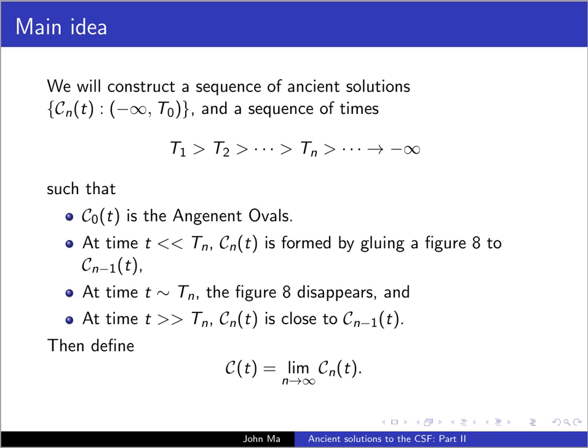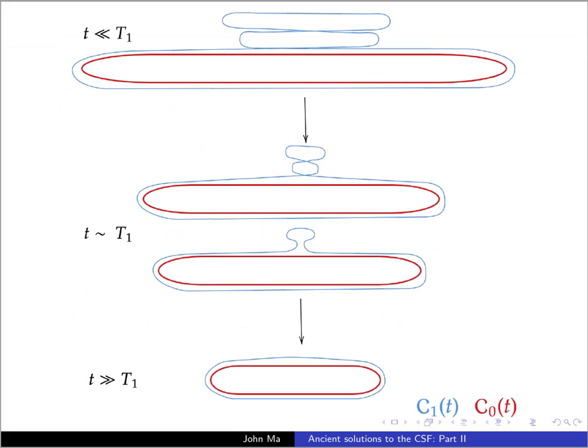So this is a little bit abstract, but let me just show you some pictures, at least of the first two of the whole sequence. The red one is C0, which is the Angenent oval, and the blue one is C1. As you can see, from top to bottom, when t is much smaller than capital T1, then the blue solution is more or less the red one, but there's a figure 8 glued to it.